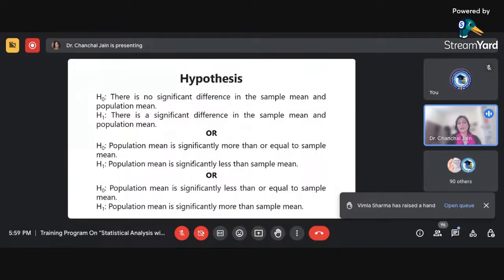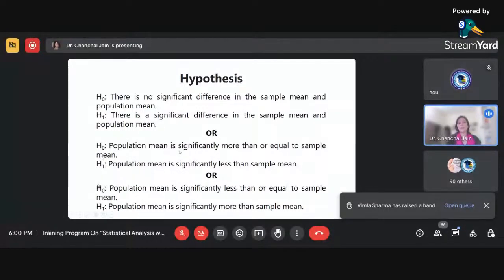So that way, when we are talking in terms of not equal to, the alternative hypothesis is not equal to. That means I am not sure. It can be less than or it can be greater than also. Means I can say mu can be less than, mu can be greater than, but I'm not sure. I'm only saying that mu is not equal to X bar. So this is a case of two-tailed test.